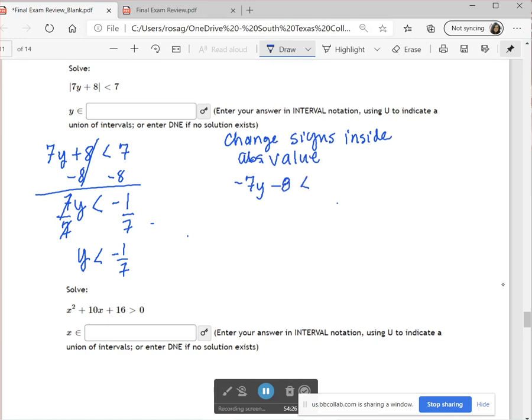Only inside the absolute value, so the other 7 outside stays the same. I'm going to do +8. Now I'm going to divide here to leave y by itself, but I am dividing by a negative, so this inequality is going to change. Instead of this, it's going to go that way.